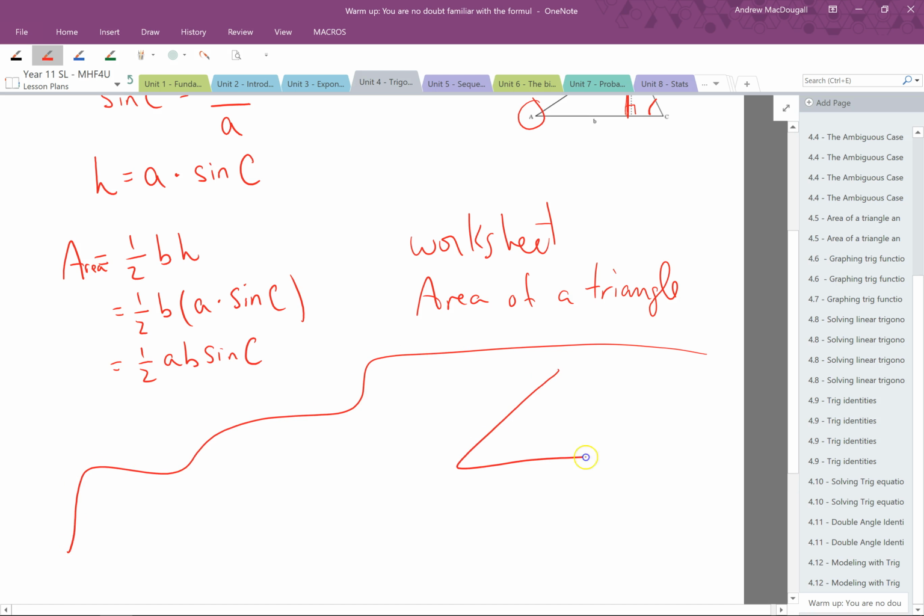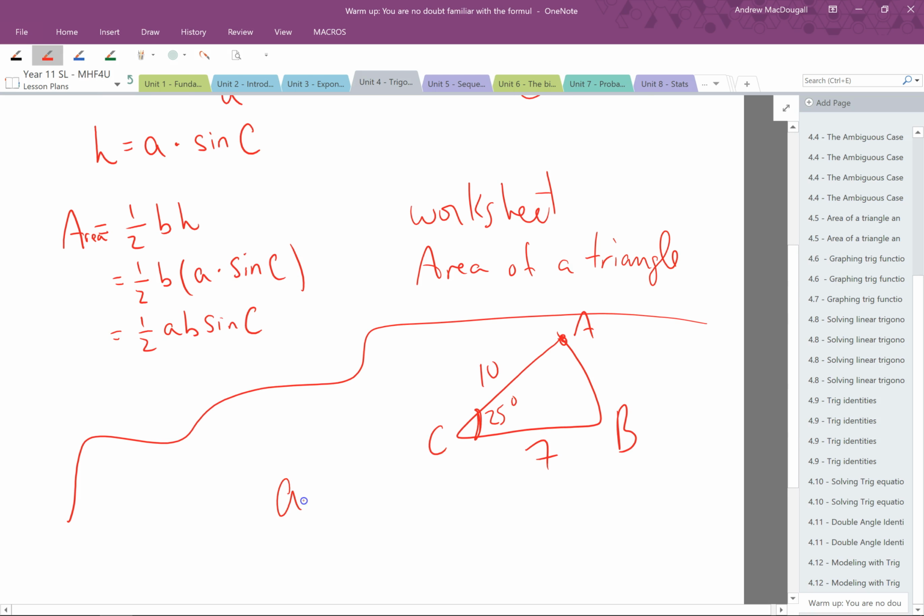Let's have a triangle. Let's say this is side A, and this is angle A, and its side length is 7. B is 10. Let's say we know this angle between them is 25 degrees, angle C. Well, the area is 1/2 times two sides and the sine of the angle in between them.